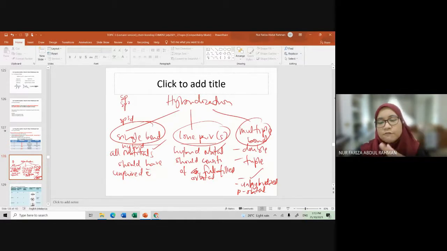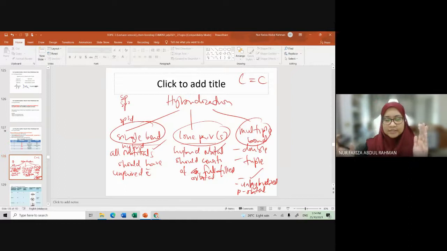That single bond means we have an unpaired electron in the hybrid orbital. For multiple bond, if from the Lewis structure we observe a double bond between the central atoms, that means you should have one unhybridized p orbital that has one unpaired electron in it.